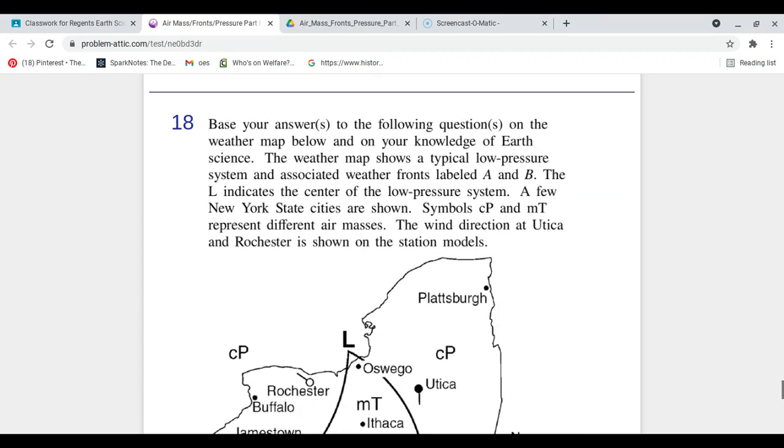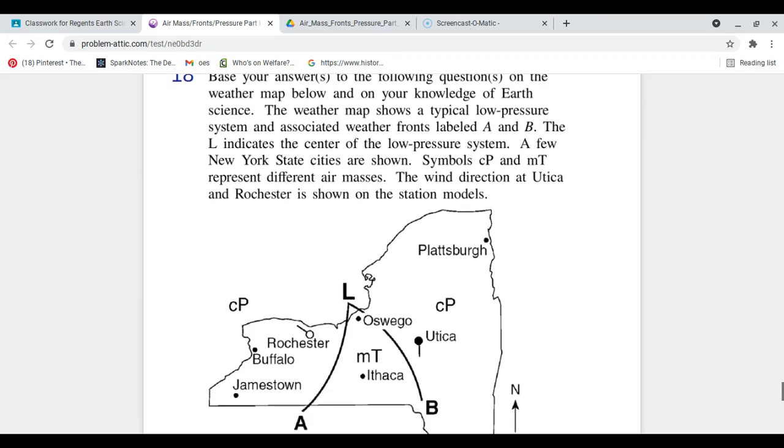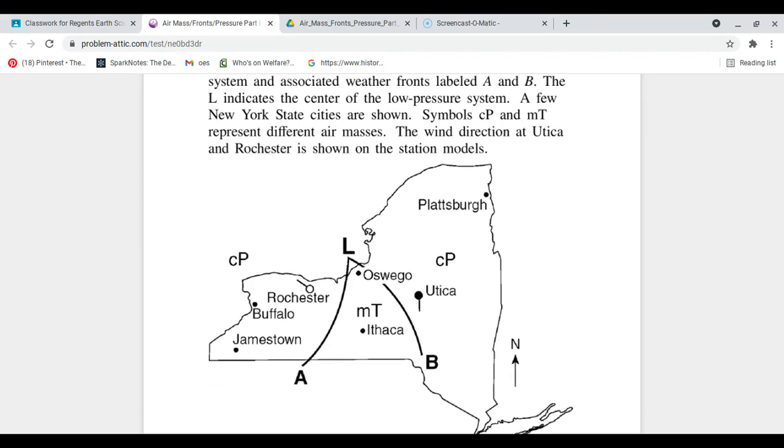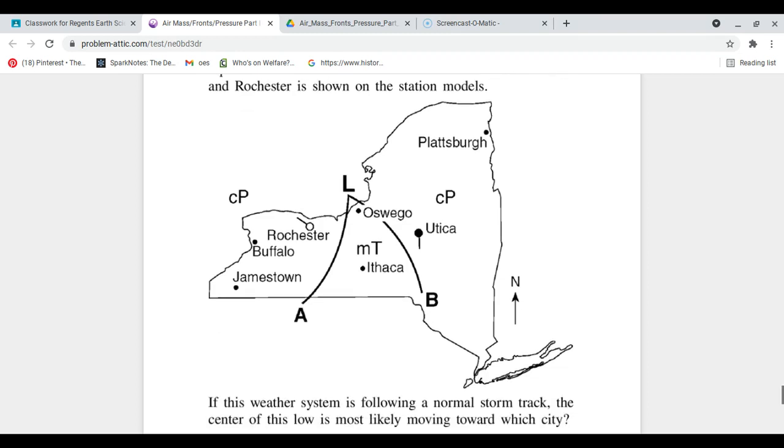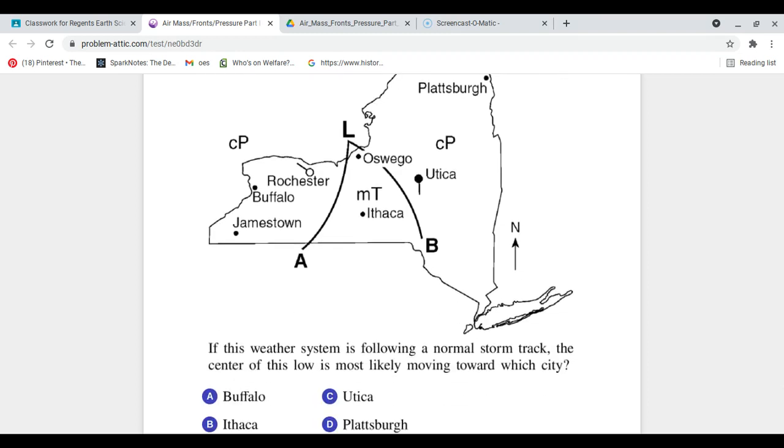Number 18. Okay, it says here, this is a lot of reading. The L indicates the center of the low pressure system, and a few New York cities are shown. The symbols represent different air masses, and the wind direction at Utica and Rochester is shown on the station models.